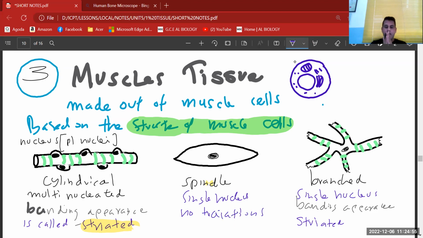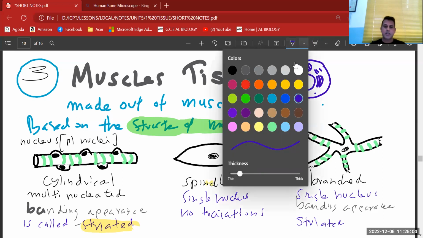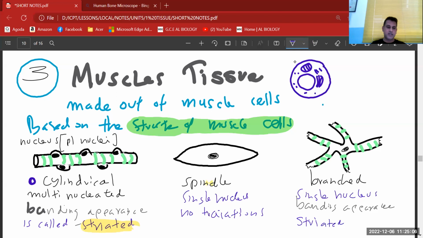Okay, so we have three different types now: cylindrical, spindle, and branched. One muscle cell is cylindrical, another is spindle, another is branched. The cylindrical muscle cell has multiple nuclei, spindle has one nucleus, and this has one nucleus. They have a banding appearance called striations.